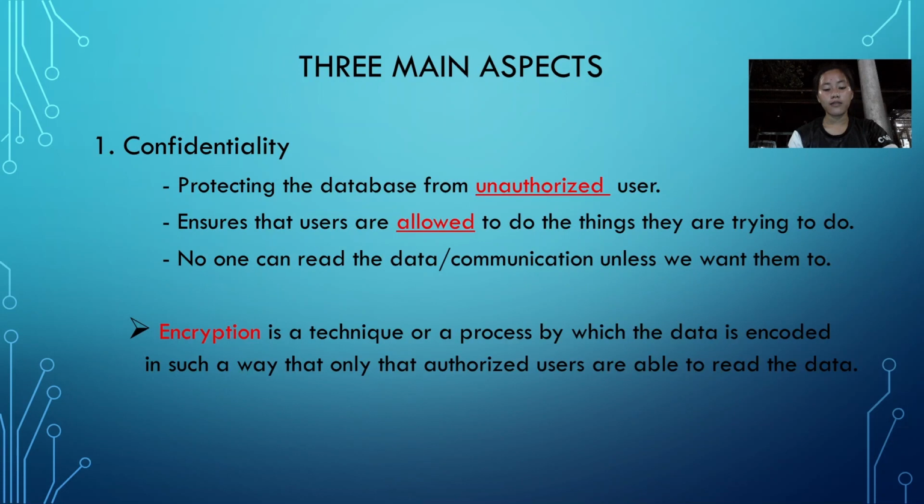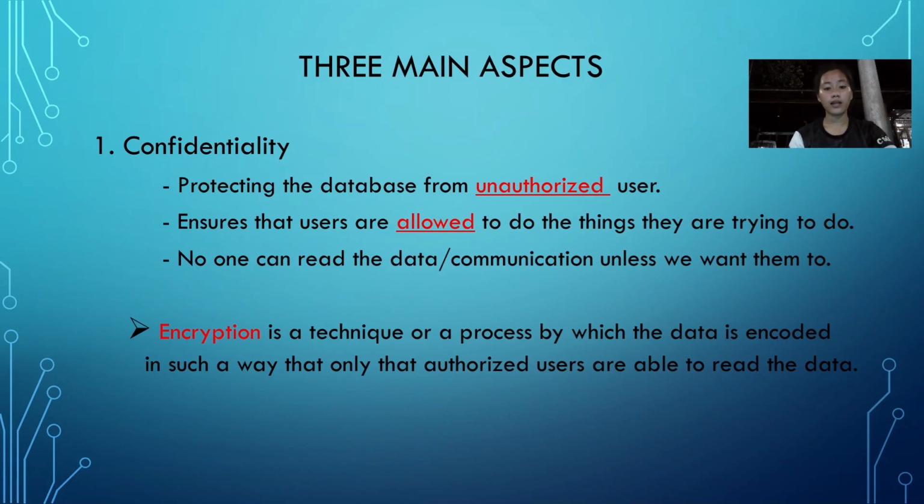First, let us define confidentiality. Confidentiality is the protection of the database from unauthorized users. It ensures that users are allowed to do the things they are trying to do, and no one can read the data or a communication unless we want them to.